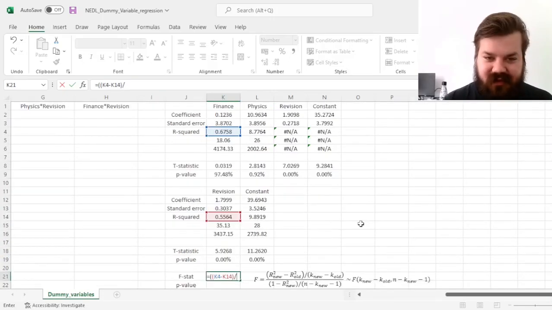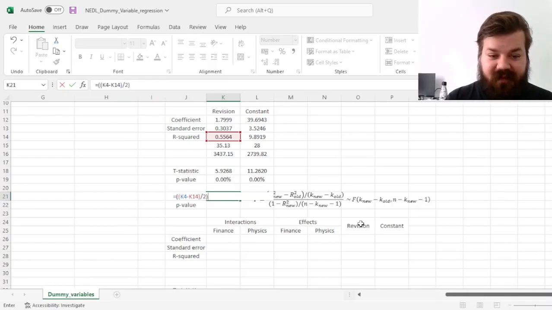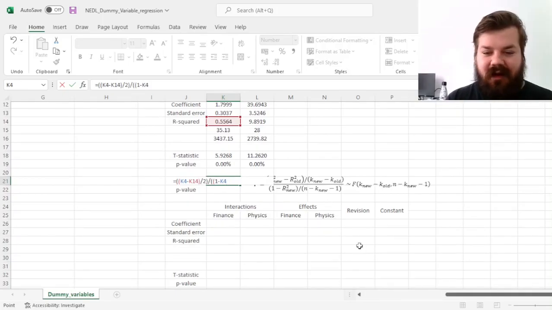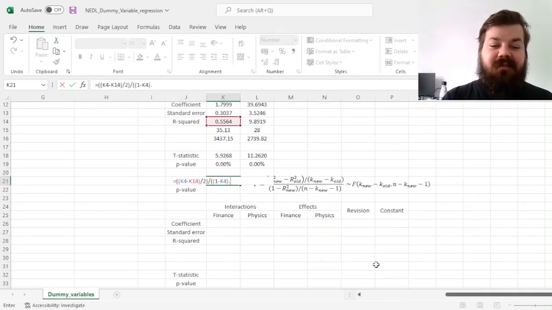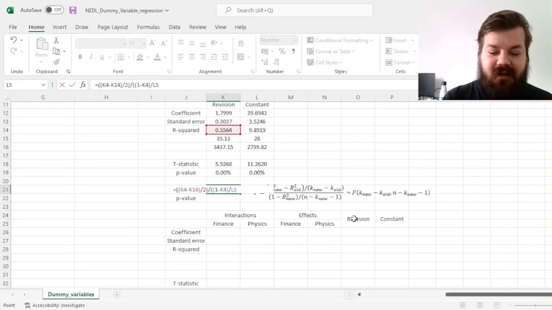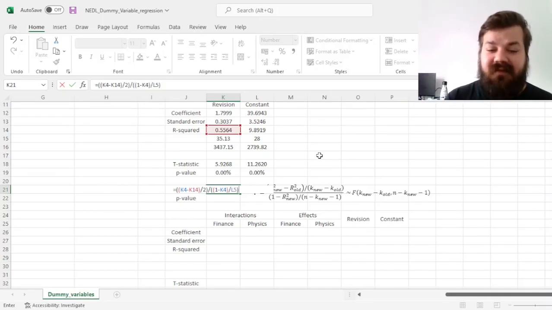And here we included two dummy variables, so this particular parameter is 2. And in the denominator, we have got the remaining variability, that is 1 minus the R-squared of the new expanded unrestricted model, divided by the residual degrees of freedom of this model. Basically, we have got the adjusted explained variability divided by the adjusted unexplained variability.